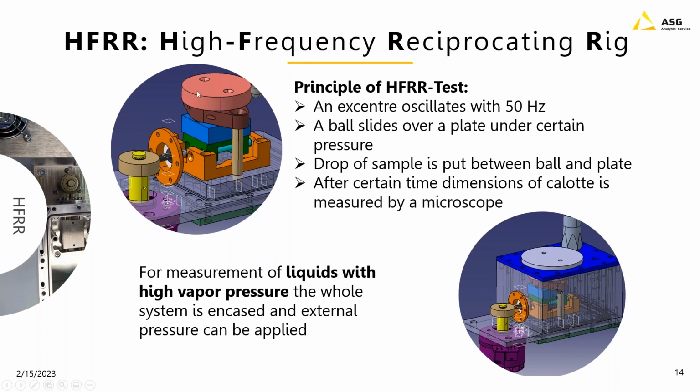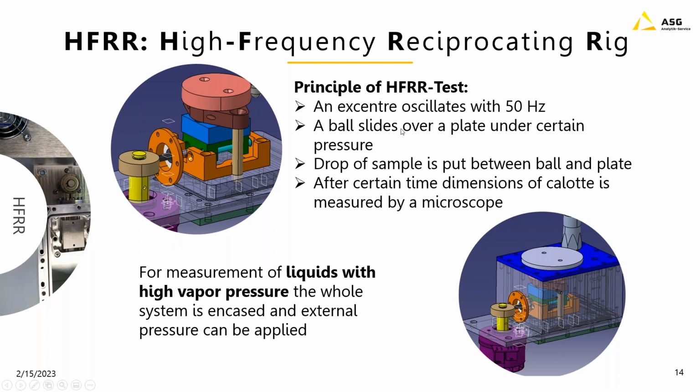The pressure is done by this metal plate, which works gravimetrically in the end. A drop of your sample is put between the ball and the plate, and after a certain time, dimensions of the calotte is measured by a microscope.